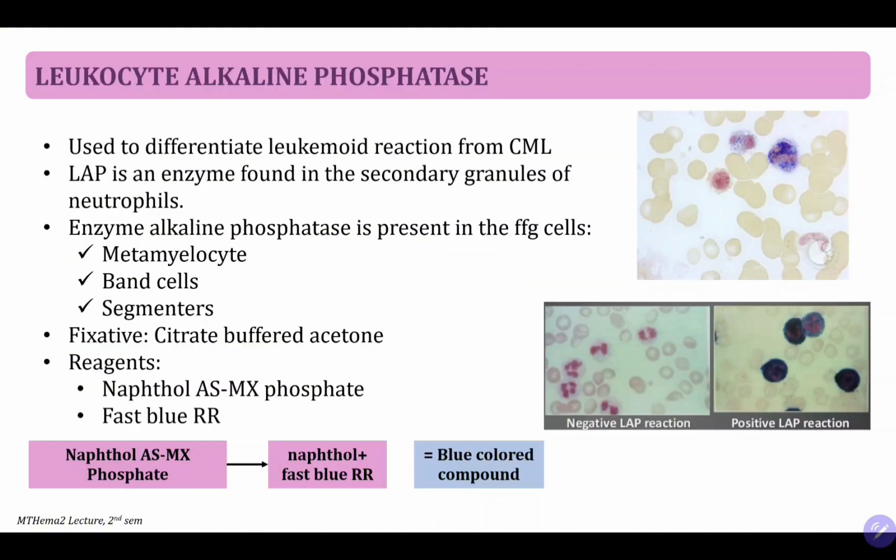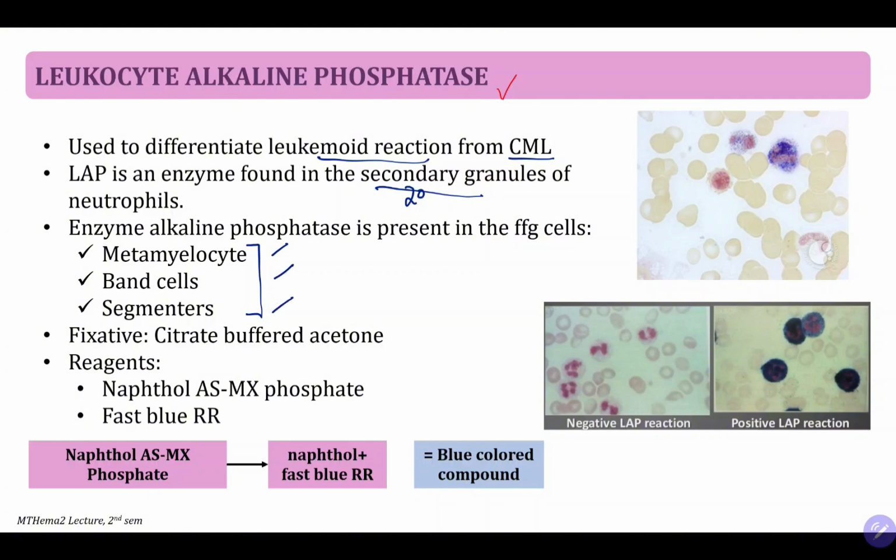Now, as a recall with your cytochemical staining, your leukocyte alkaline phosphatase or your LAP is used to differentiate your leukemoid reaction from your CML. Again, your LAP is an enzyme found in the secondary granules of your neutrophils. And therefore, since your LAP stains your secondary granules, your stain usually is present in your latter stages of your WBC, which are your metamyelocyte, your band cells, and your segmenters.